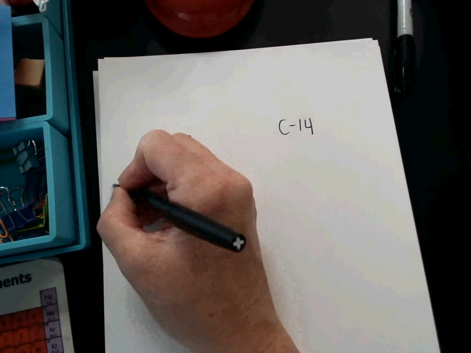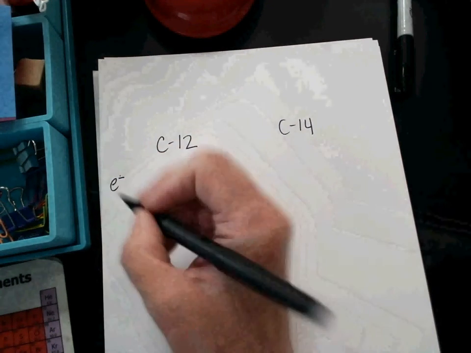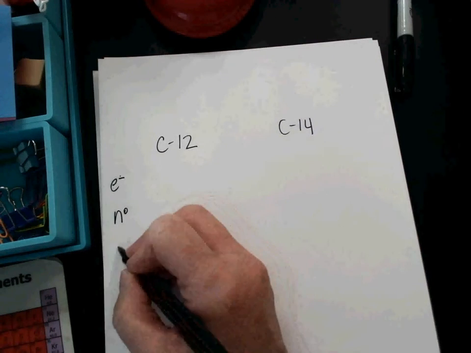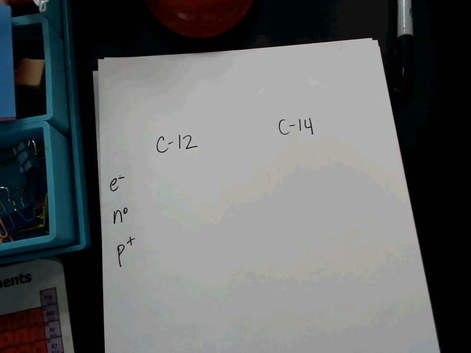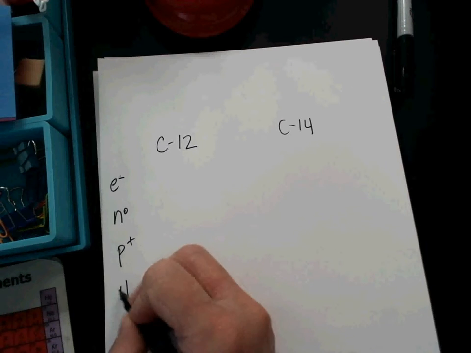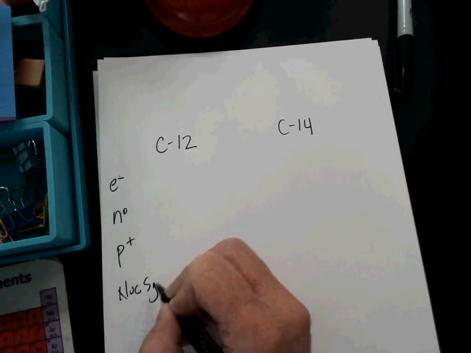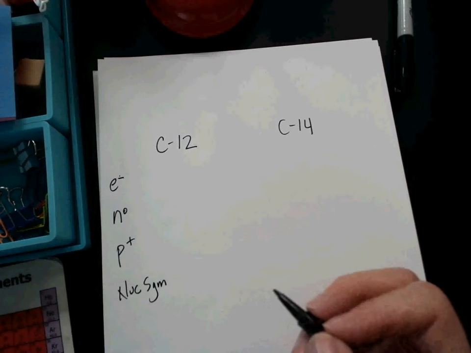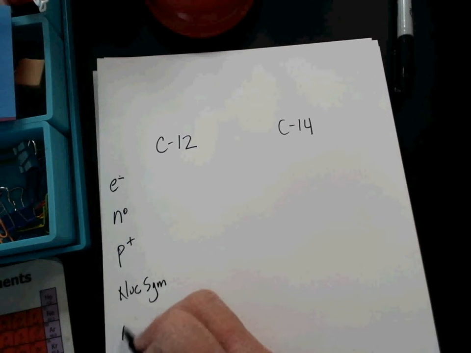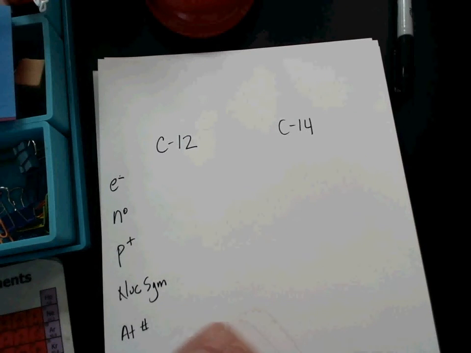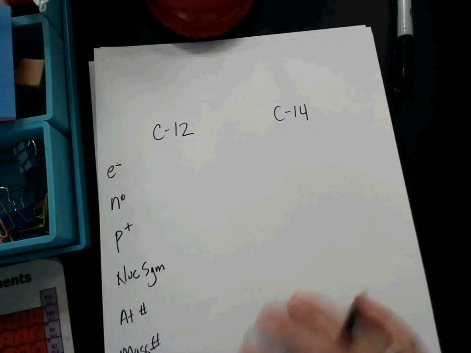I want you to go through that, and for both of them, electrons, neutrons, protons, and we'll do nuclear symbol, and let's see if you can give me atomic number of both, mass number of both.